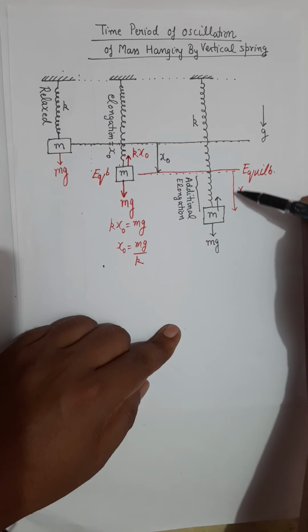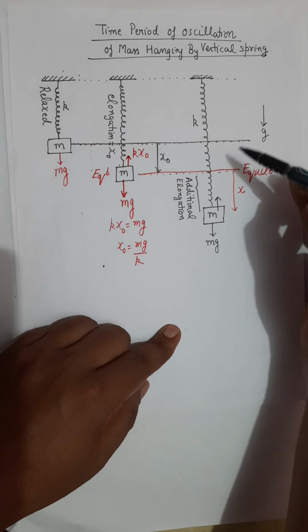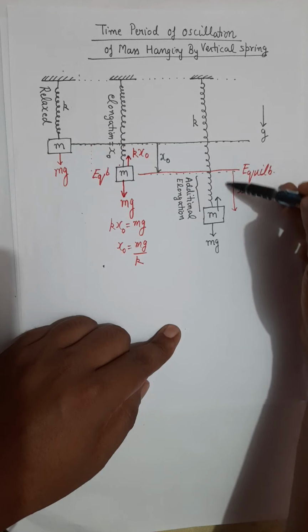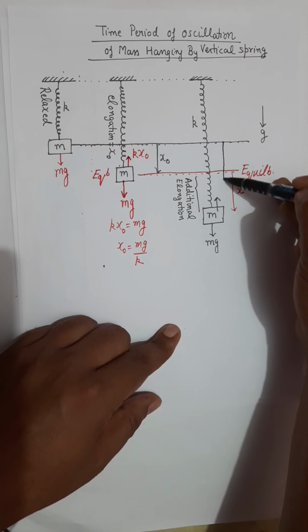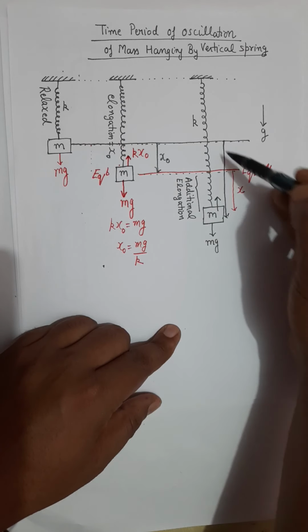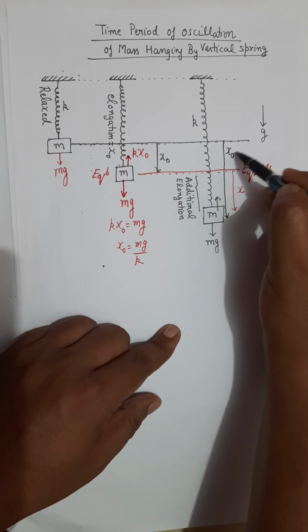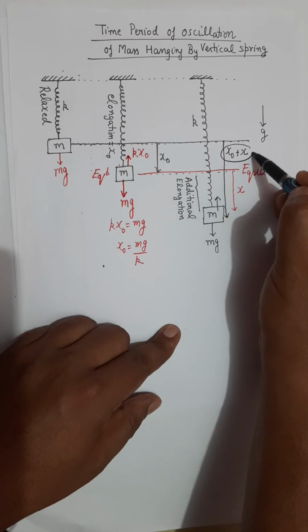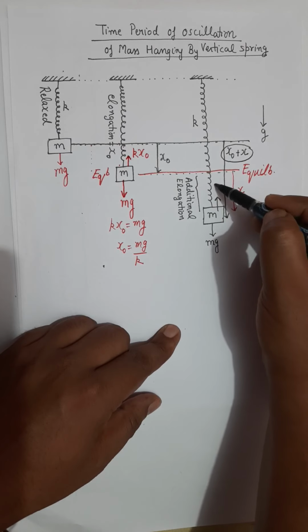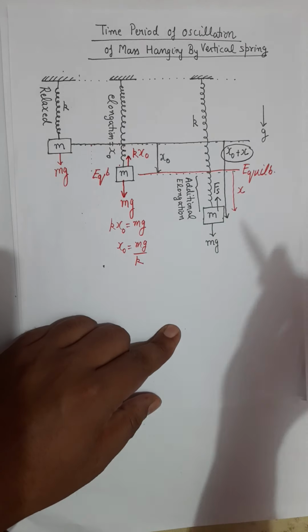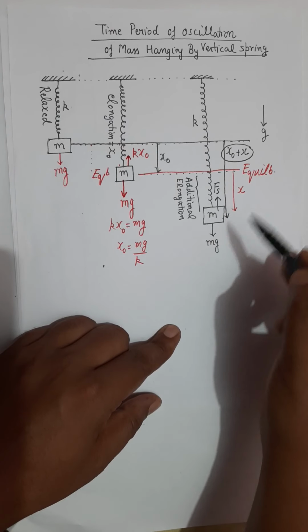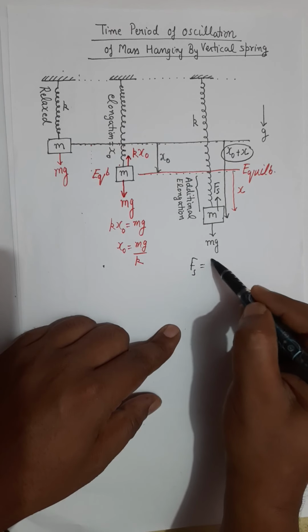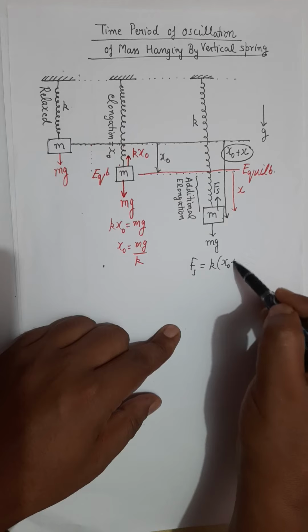It is further elongated by x distance, so the total elongation in this spring will be x naught plus x, and for this total elongation the spring will apply an upward force Fs, which as per Hooke's law will be k times x naught plus x.